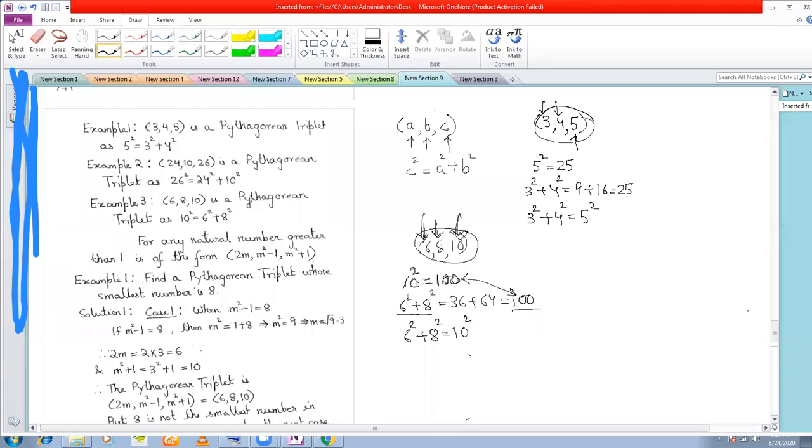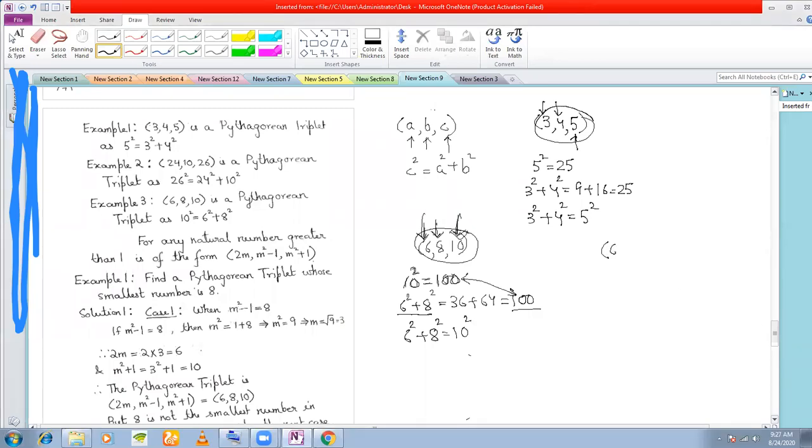Now remember, when you are writing a Pythagorean triplet, suppose I want to write 6, 8, 10, the greatest of the numbers always has to be written at the last.